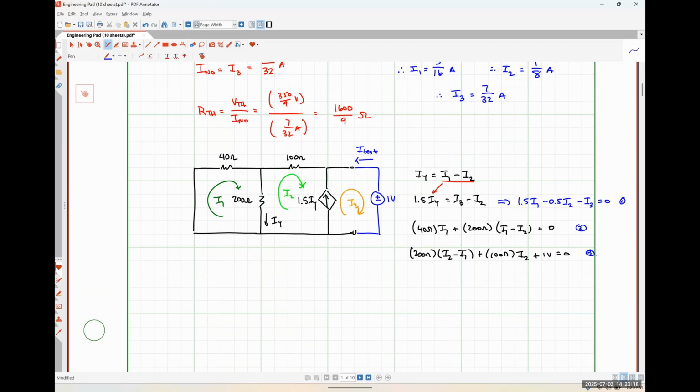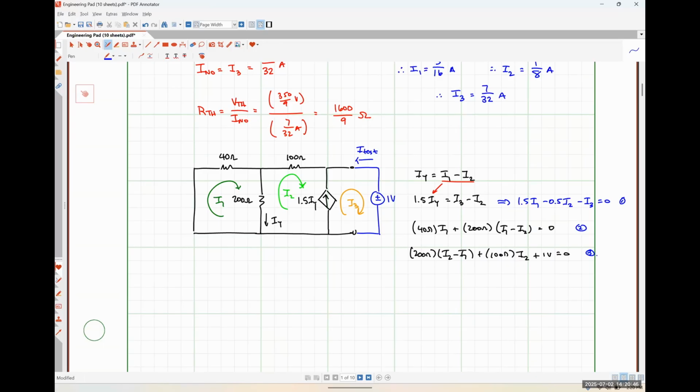This system is going to be very similar to the one that we just solved to find I Norton, so I'm just going to update that one. My first equation didn't change at all. My coefficient for I1 is 1.5, coefficient for I2 is negative 0.5, coefficient for I3 is negative 1, constant term is 0. In my second equation, my coefficient for I1 is 40 plus 200.